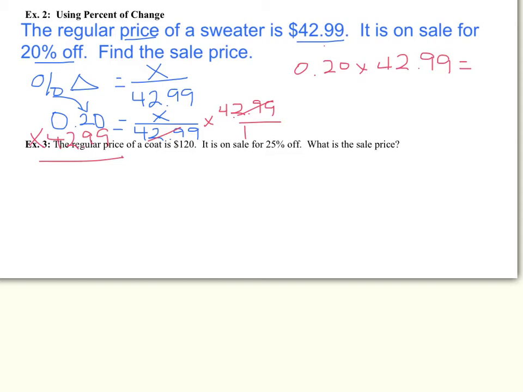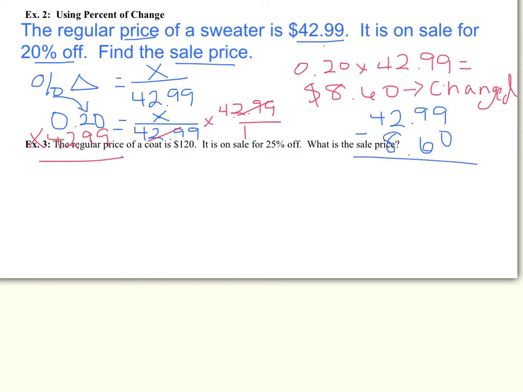That's what we're doing. So if I type in 2/10 times $42.99, I get $8.60. That is not my final answer, because that is how much the price changed. So if it was originally $42.99 and the price was decreased because it was on sale, I need to subtract my $8.60 that it went down.